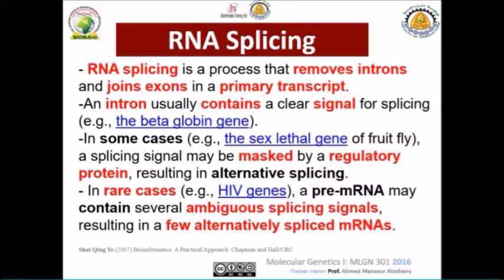So in any of these cases, whether in Drosophila or in HIV, RNA splicing always happens in alternative ways. There are alternative ways to splice the RNA.